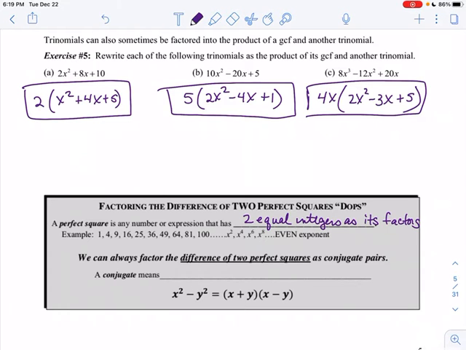It's the exact same factor, like x squared minus y squared factors to x plus y and x minus y. So it's the exact same factor, but the sign is different between them. So you're changing the sign between the 2 terms in a binomial.